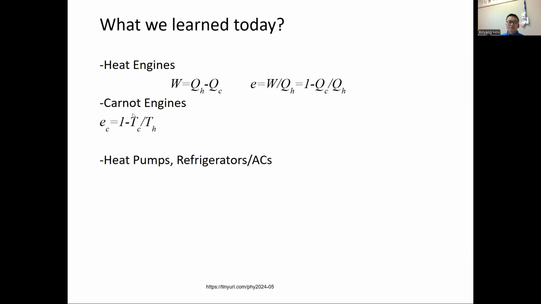The Carnot engine's efficiency, if this is a perfect ideal engine, which does not exist in reality, is the upper limit of any engine given the two reservoirs: 1 minus TC over TH, determined by the temperatures. We also talked about heat pumps, refrigerators, and ACs. Those are just reverse heat engines with heat flowing from the cold reservoir to the hot reservoir with the additional help of work.